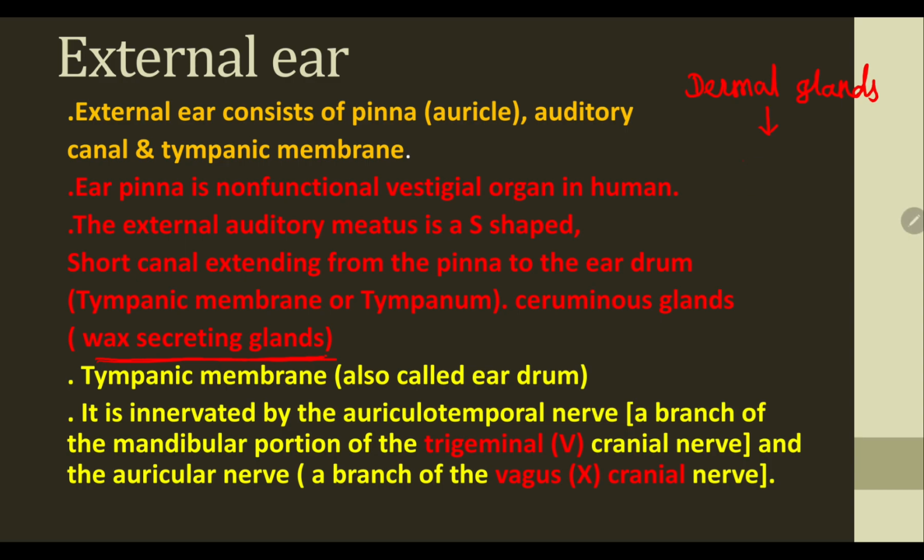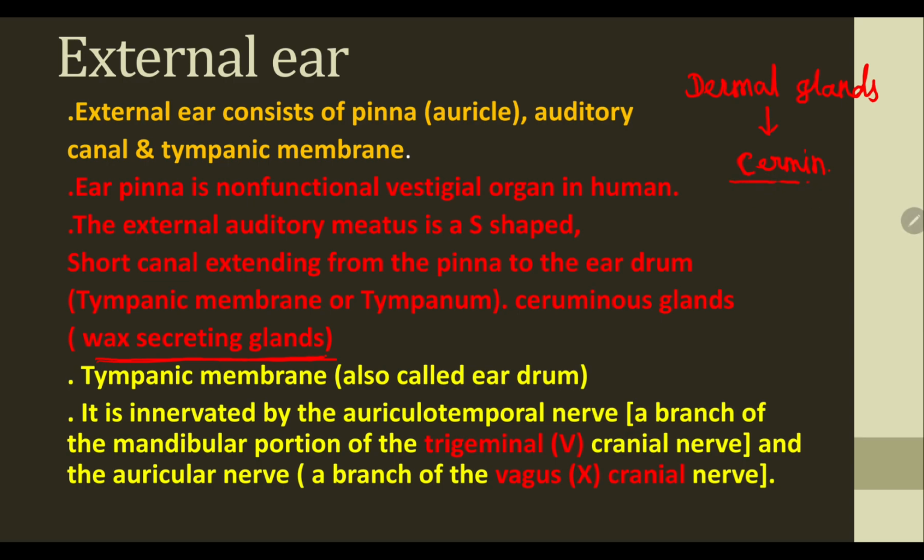That wax is called cerumen. What is the function of this cerumen? It protects our ear. If any dust particles, microorganisms or small insects enter the ear, the cerumen will trap them and kill them.